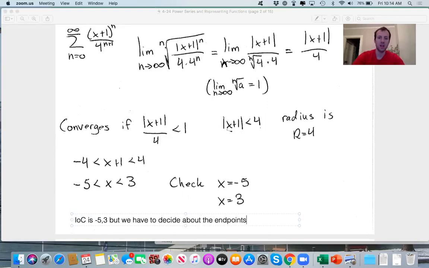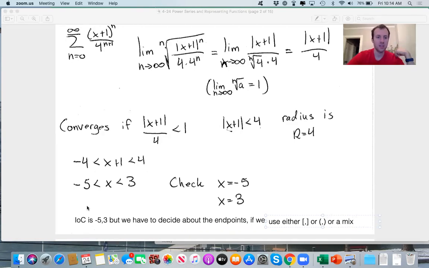But we have to decide about the endpoints. If we use either closed brackets or open brackets, or a mix of them.